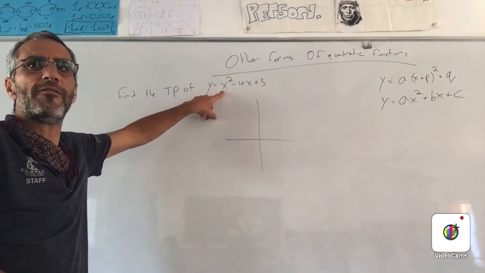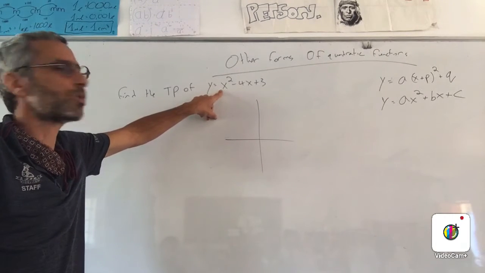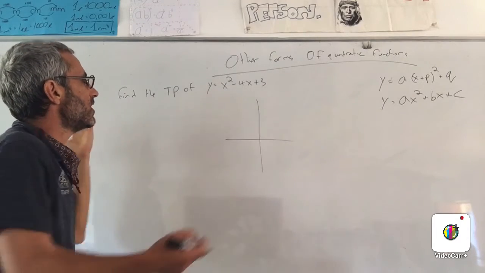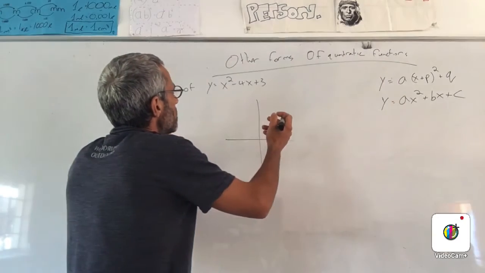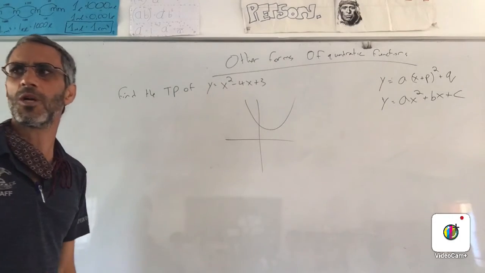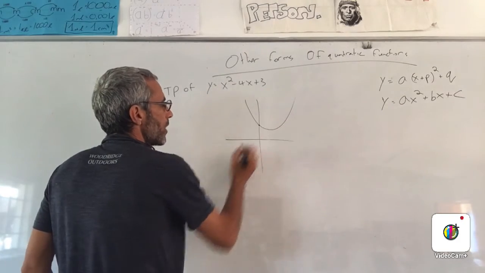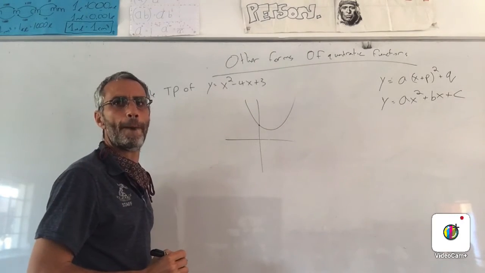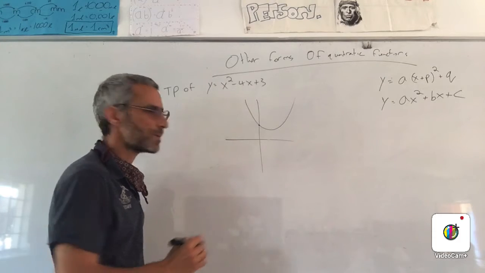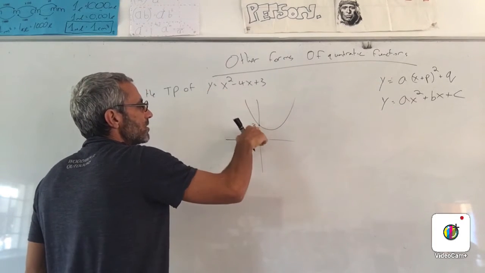Is this a smiley face or a sad face? Smiley. Whatever is in front of the x squared tells you if it's a smiley or sad. So let's just say it's something like that. By the way, I can know straight away what that number is, because when x is 0, we get the y-intercept.